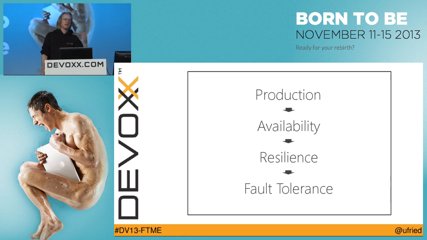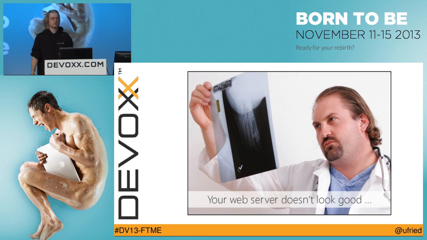And to deliver high availability, you need resilient applications, applications which are resilient to all kinds of errors and all kinds of unexpected situations. And the basis for building resilient applications is fault tolerant software design. And now we are back to the title of this talk.